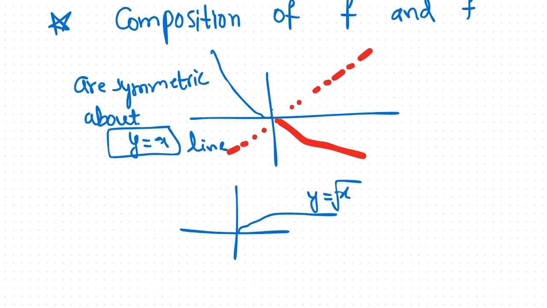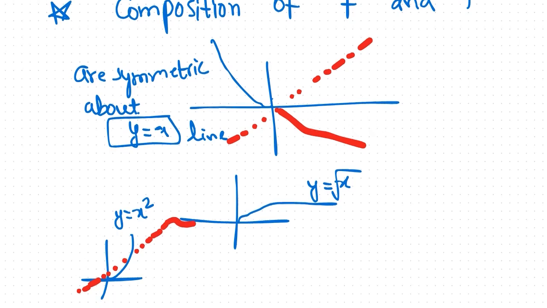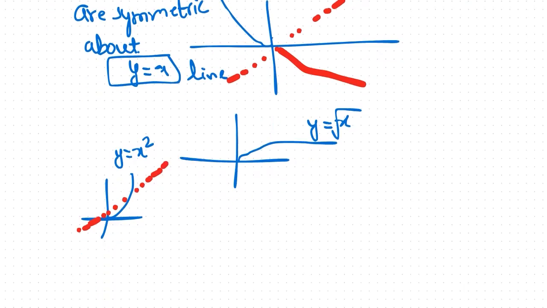So we know that square and square root are inverses. If I consider the square function and try to draw the inverse, it will be symmetric about this line. So that is why we get the graph from here to here, and then it goes like this.